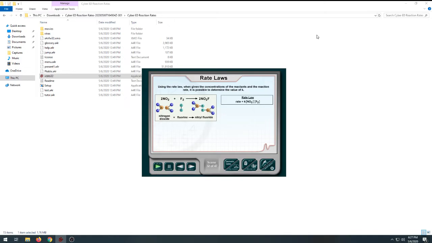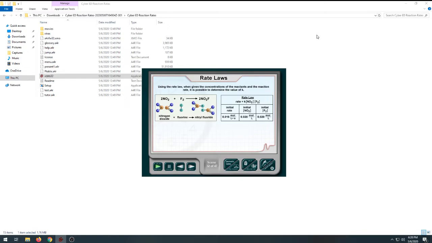The rate law for this reaction is rate equals K times the concentration of nitrogen dioxide times the concentration of fluorine. The experimentally derived exponent for both nitrogen dioxide and fluorine is 1, and an exponent of 1 is not written.